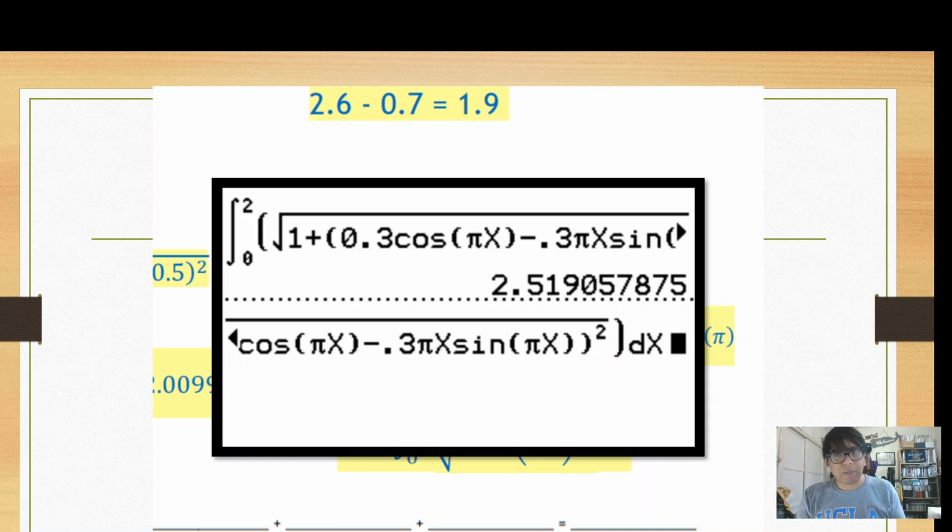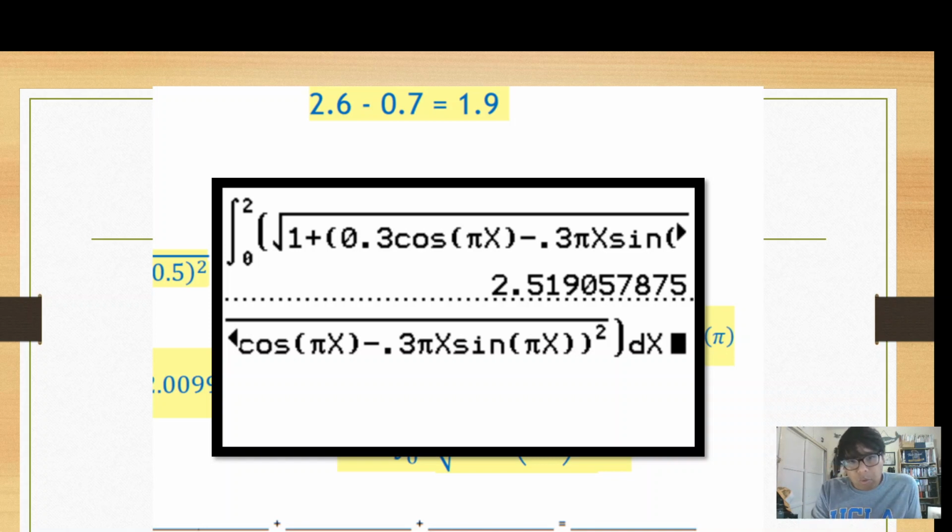This is me putting this in the calculator. The derivative is a pretty long derivative, so I tried to show you how that was inputted into the calculator using this top part right here and this bottom part put together. But you get 2.519.